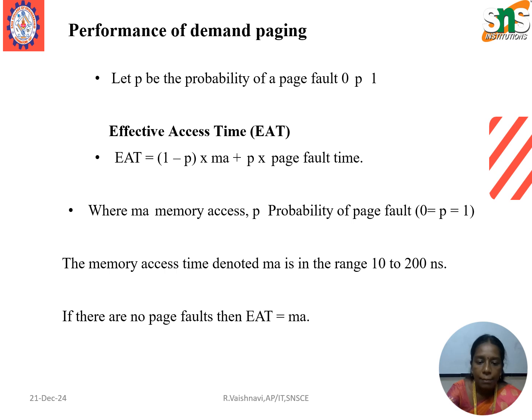Here MA is the memory access time and P is the probability of a page fault. The memory access time, denoted MA, ranges from 10 to 200 nanoseconds. If there are no page faults, then the effective access time EAT is equal to MA, the memory access time.